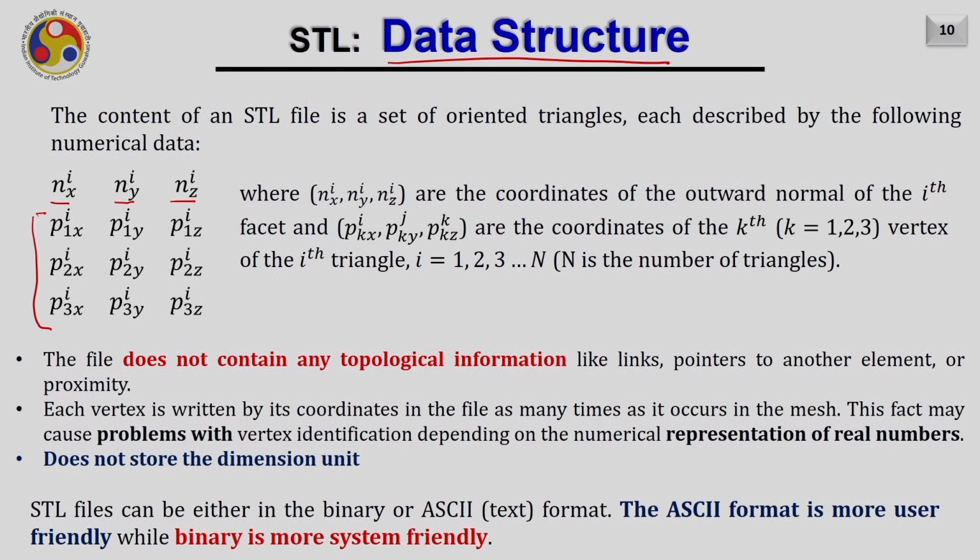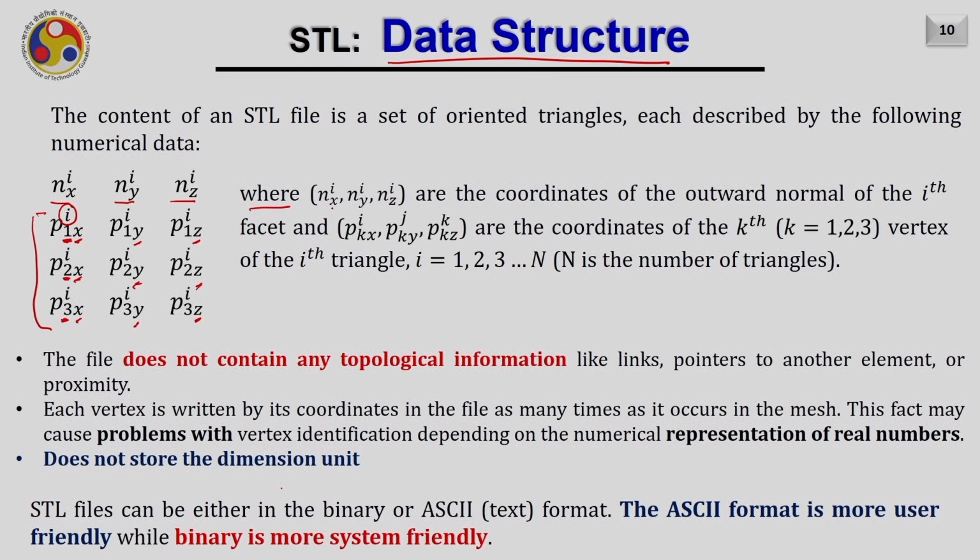As I am talking about the ith triangle or ith facet, the i term is written here. It will consist of 3 points, of course. That's why this particular nomenclature is used here, 1, 2 and 3. And this is the x coordinate, that is why x is written here. This is the y coordinate, y is written here, and this is the z coordinate, z is written here for 3 vertices.